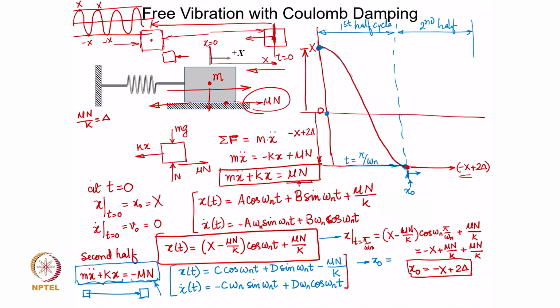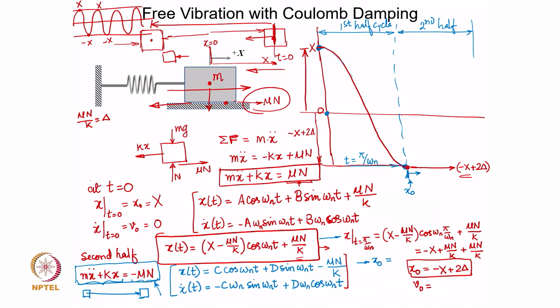What about V naught? What is the initial condition V naught for the second half cycle? It will be 0, you can check that yourself. Take the derivative of this expression for x t, because this pertains to the motion in the first half cycle. When you take the derivative, the constant term vanishes and this term becomes sine, and sine at t is equal to pi by omega n will turn out to be 0.